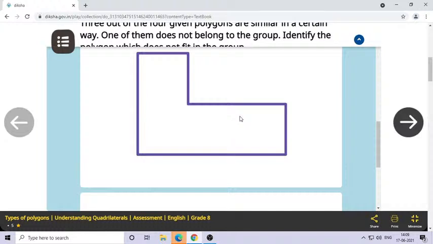Why is it different? Can somebody tell me? I have given the answer, this is C only, but why?